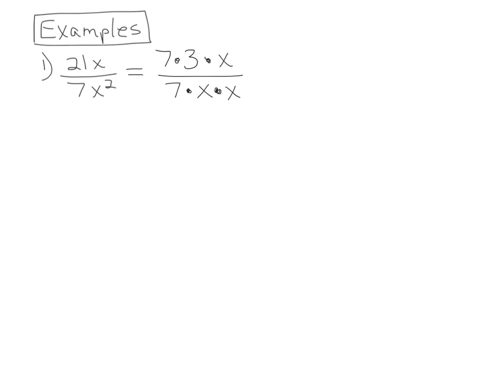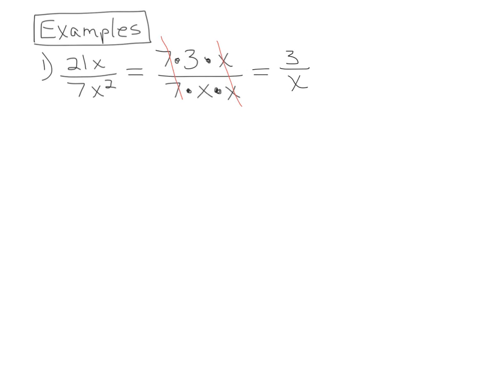And as long as everything's multiplied out, as long as it's all multiplication, you are allowed to cancel. So 7 divided by 7 is 1, and x divided by x is 1. Any number divided by itself is 1. And so your final answer, your simplified fraction, is 3 divided by x.